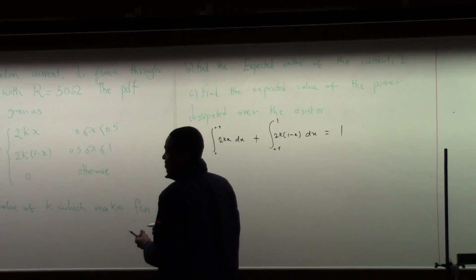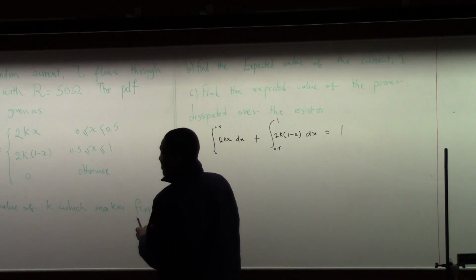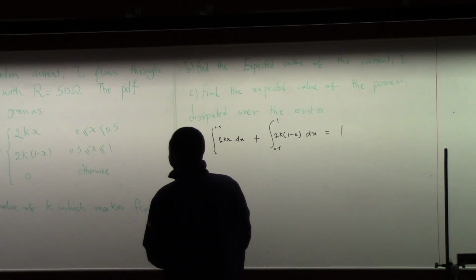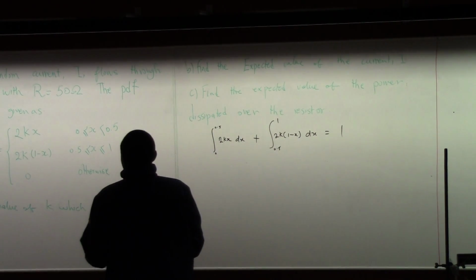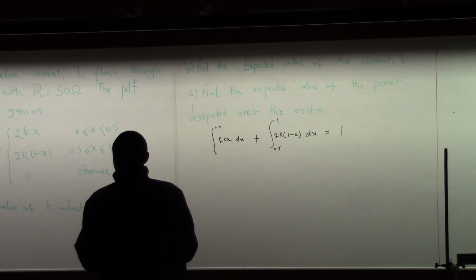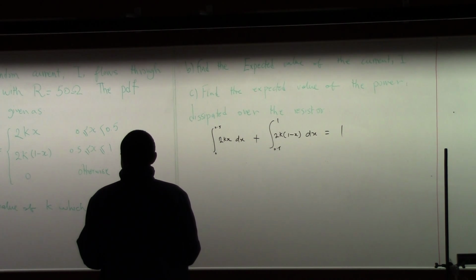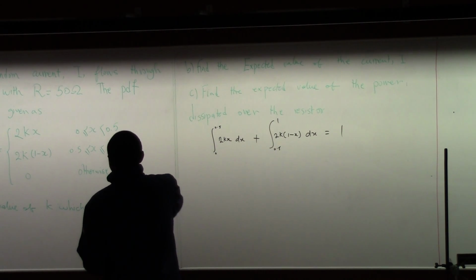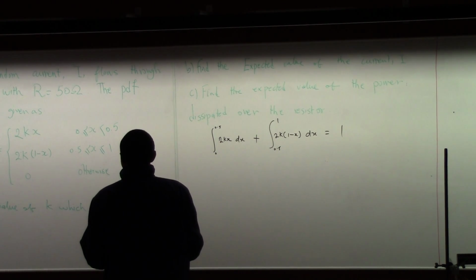Now, for the 2kx, it is less than 0.5. Look at the definition. Okay, 0.5 is not included, and for the next one, 0.5 is included. So this is 0 less than... no, it's not less than or equal, it's less than 0.5.